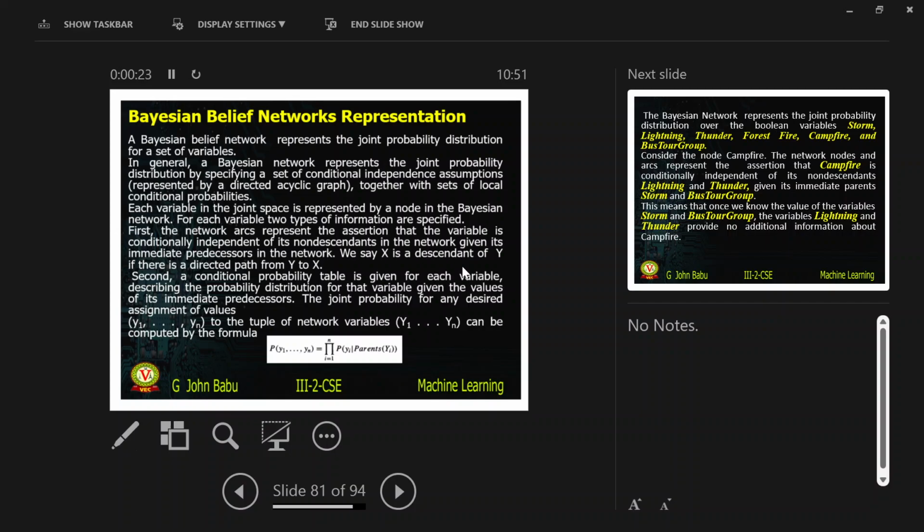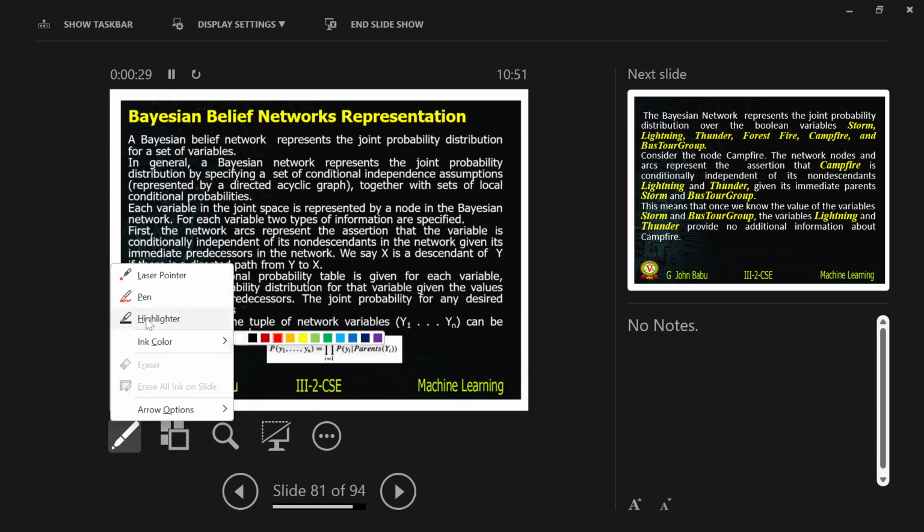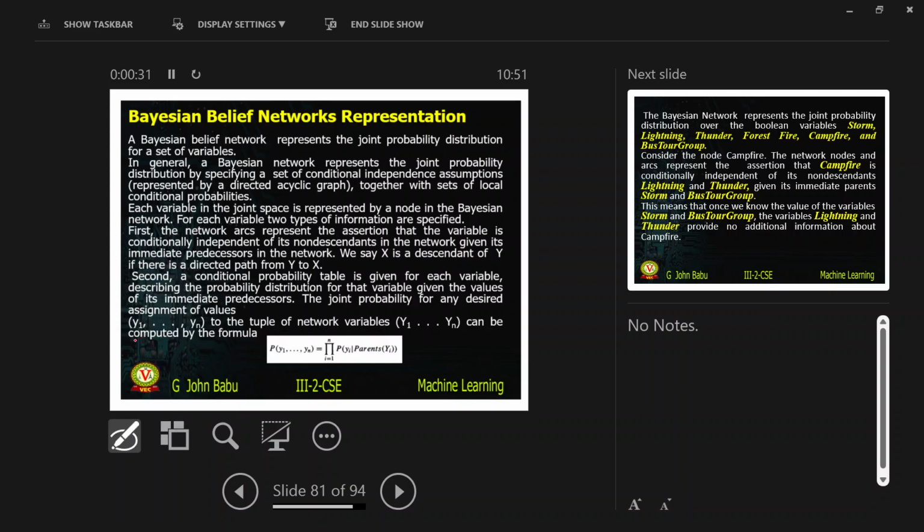The probability of the occurrence of the events y1, y2, yn, so on, is the product of, what is the product? Probability of yi given the parents of yi.